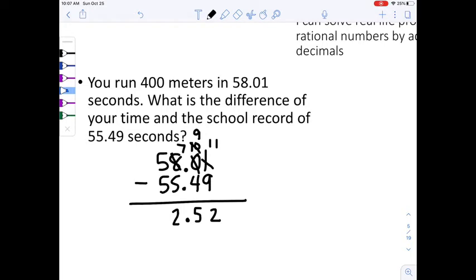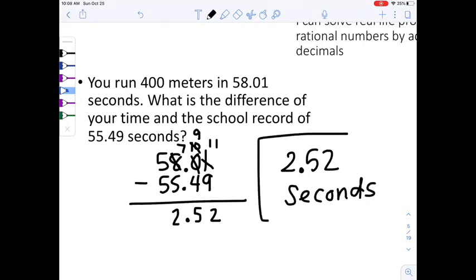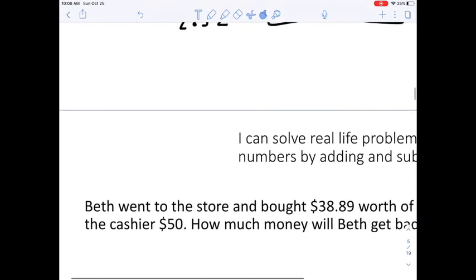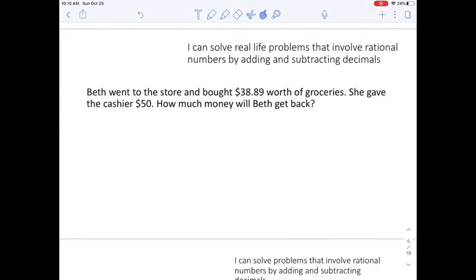Bring down my decimal. 7 minus 5 is 2. And 5 minus 5 is 0. So my answer is 2 and 52 hundredths seconds.